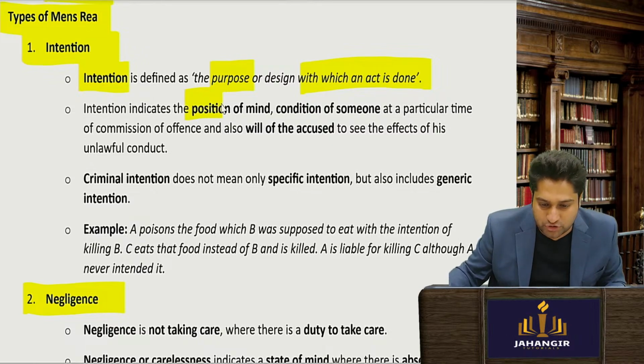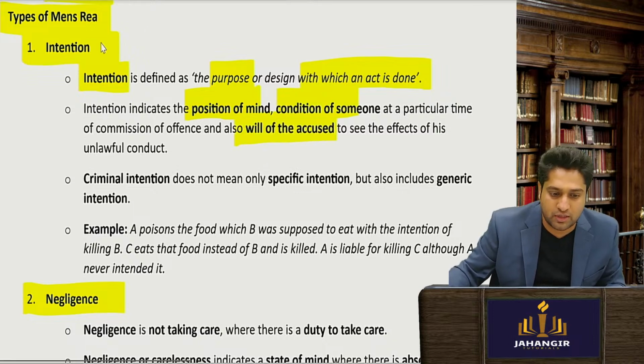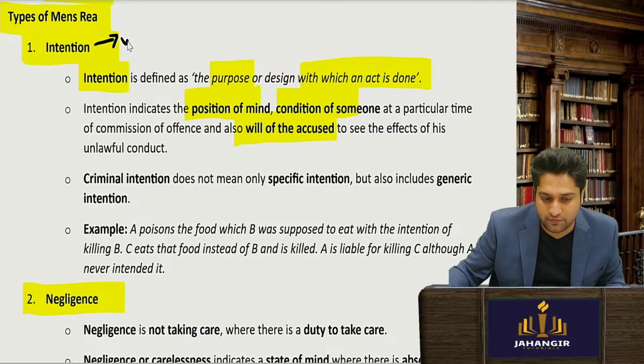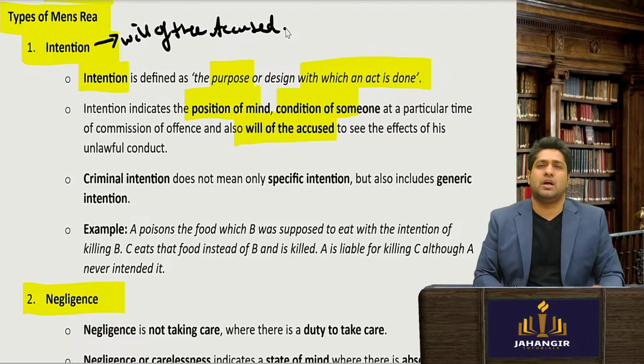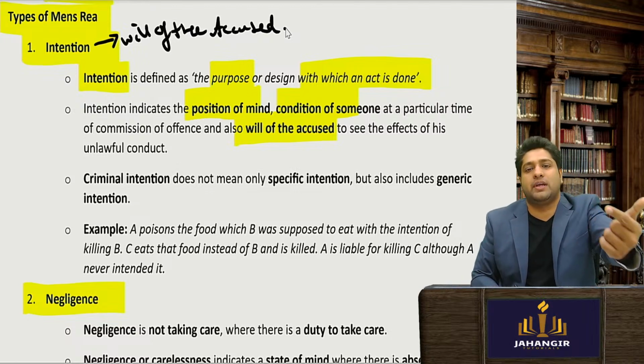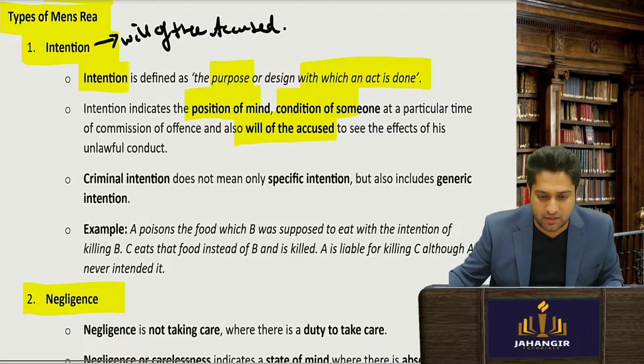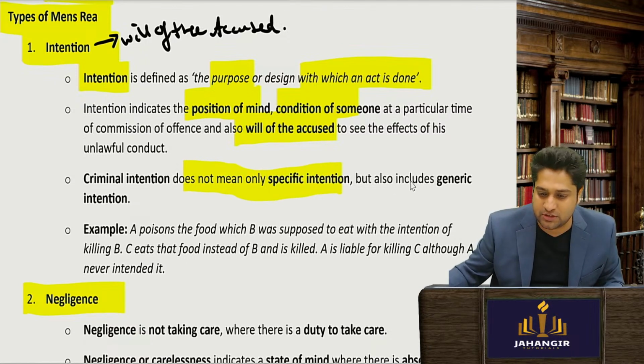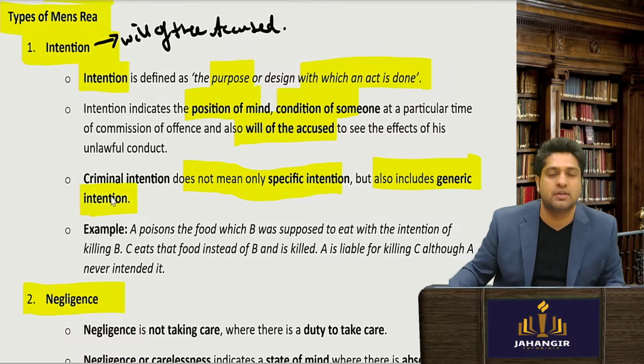Intention means a position of a mind, a condition of someone, a will of the accused. The accused had the will to kill the person. Criminal intention does not mean any specific intention, but a general intention is also sufficient.